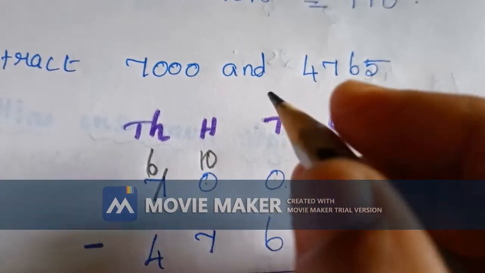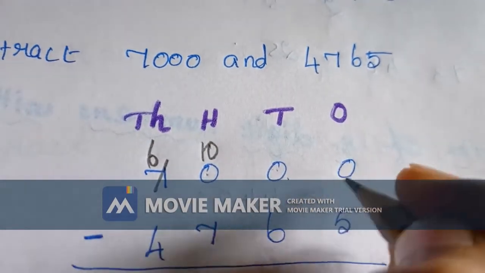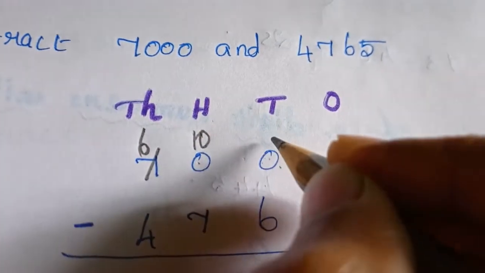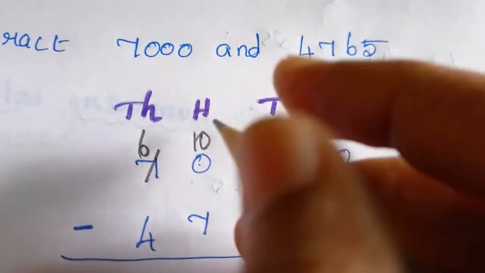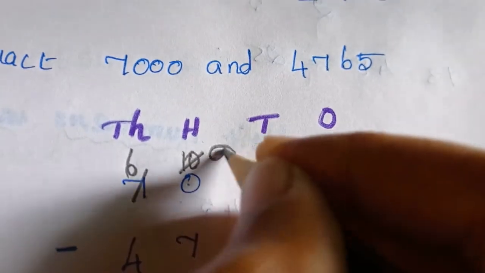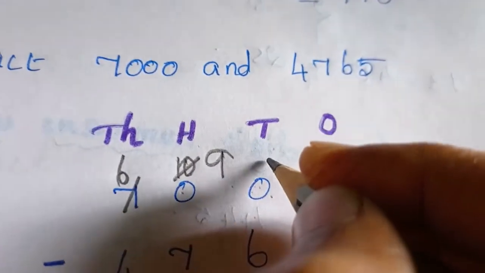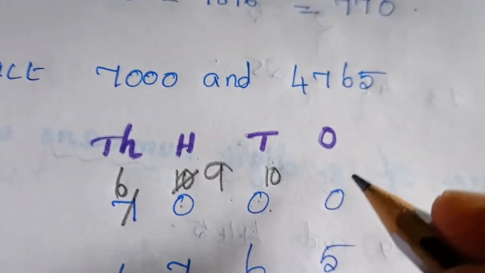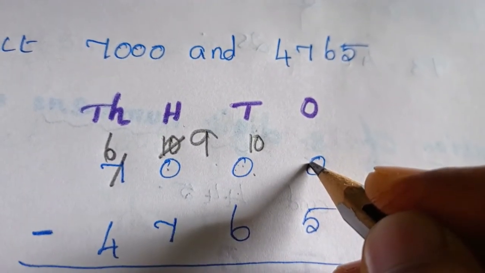Again, the tens place and ones place values are 0. So we have to borrow 1 from this hundreds place. So in the hundreds place the value is 9. And in the tens place the value is now 10. But again, in the ones place the value is 0.